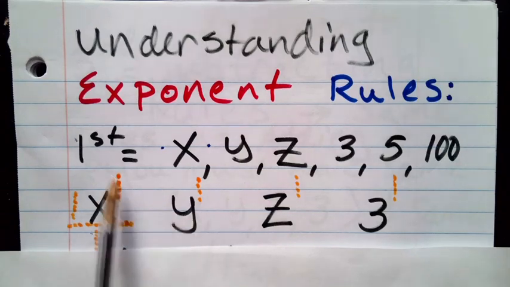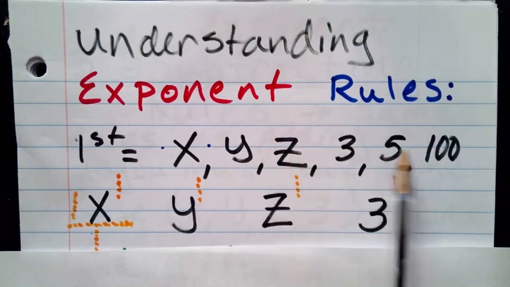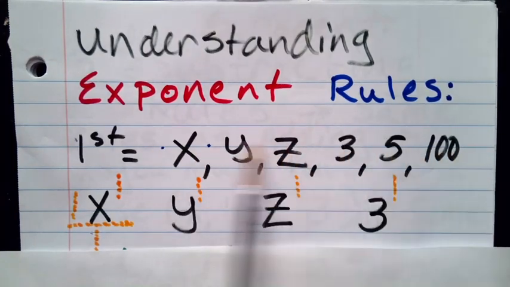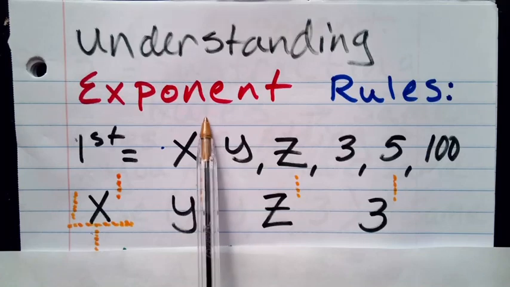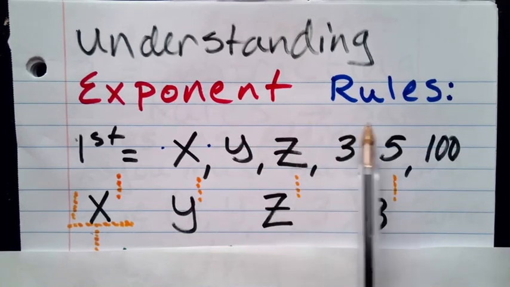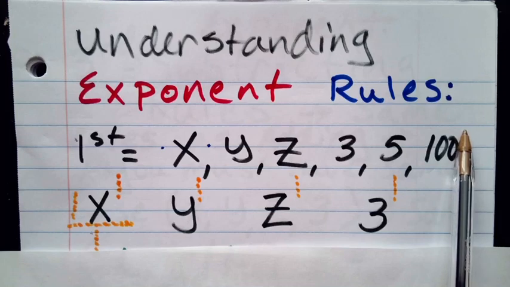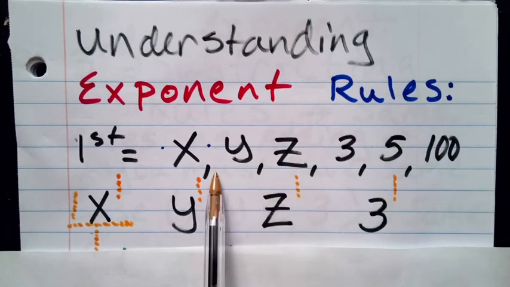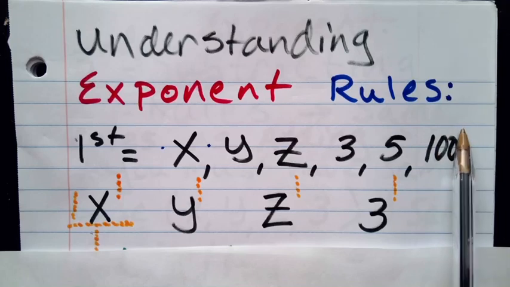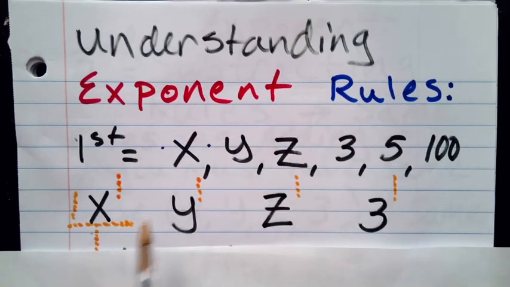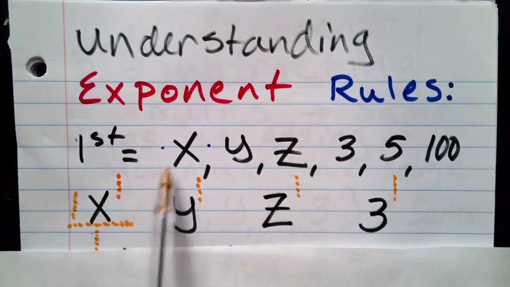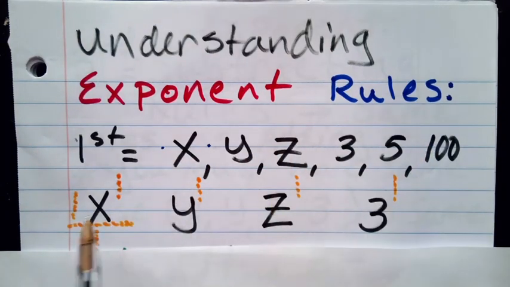All right, so here, first you need to understand each of these terms has an exponent, and they're all invisible, right? Unless there's an indicated number in the exponential place value, there's an invisible 1. So each of these exponents has a power of 1 in the exponent's place. Also, in front of these values, with the exception of the whole numbers, there is an invisible 1 in front of the variable, unless otherwise indicated, here with the number 2, 3, 4, 5, or negative 2, negative 3, negative 4, negative 5.